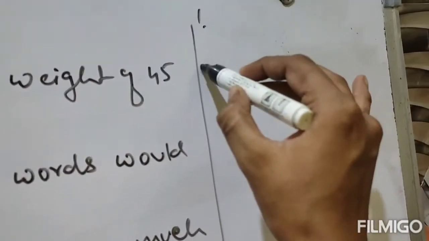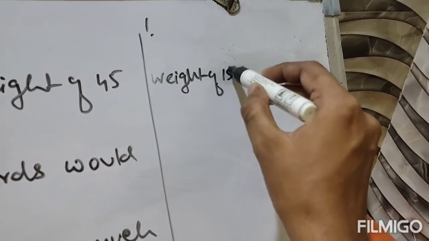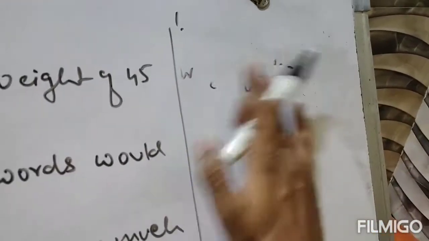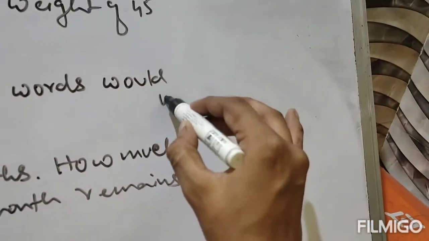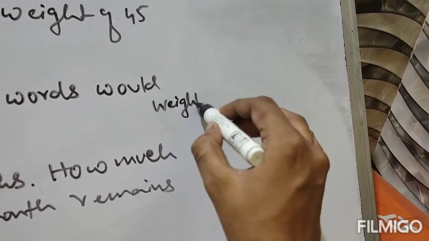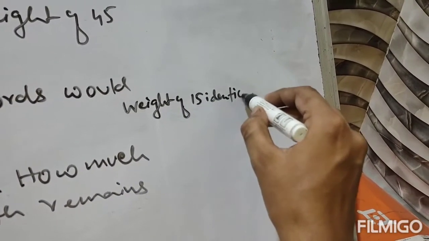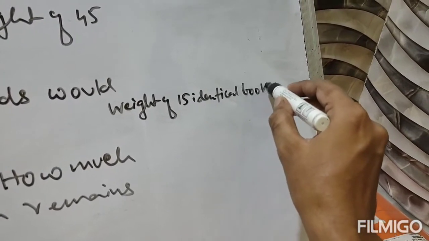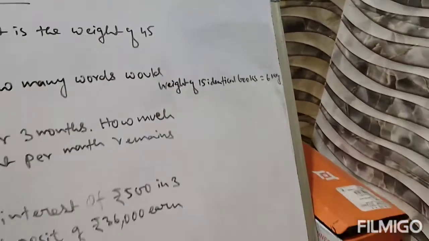So just write, question number 1: weight of 15 identical books equal to 6 kg.